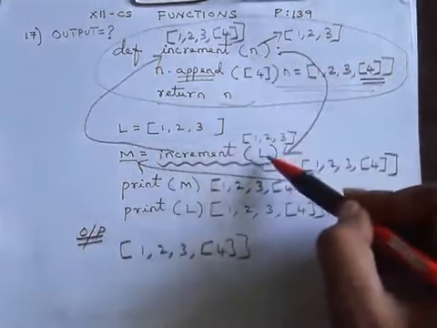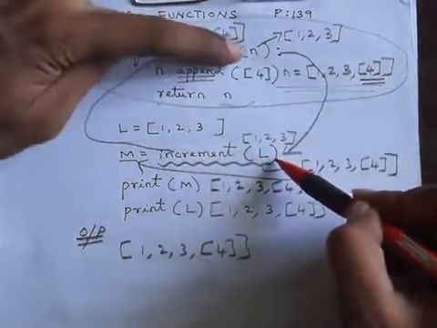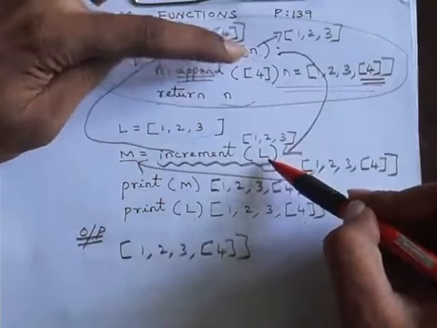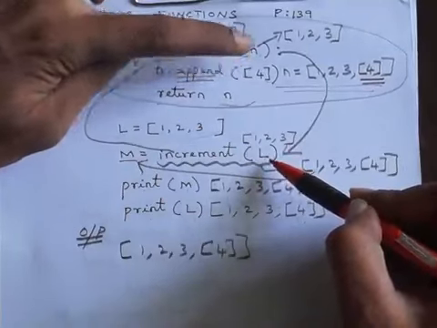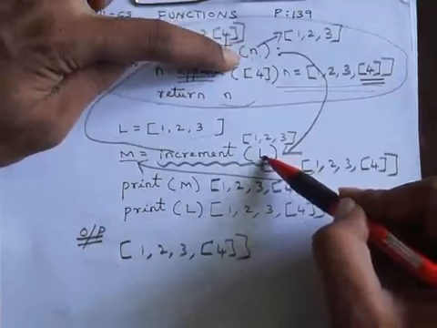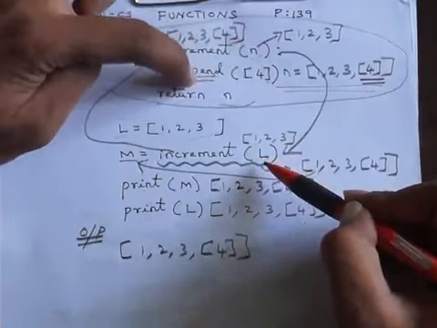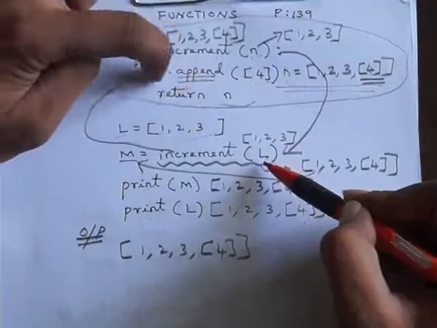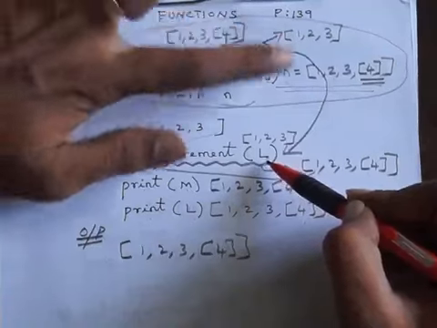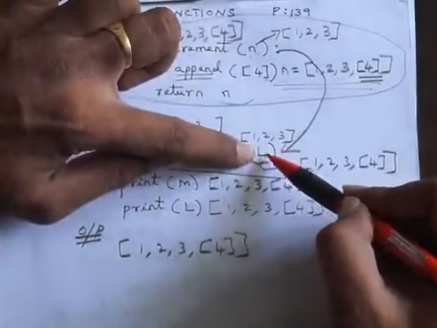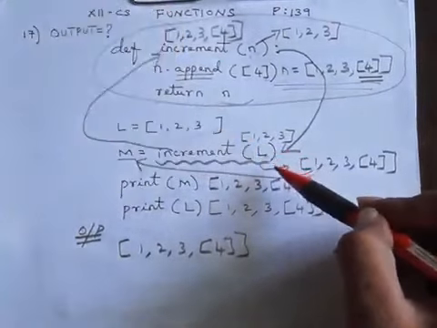So n receives the value from L. n is an argument, and receives the value from L. If the n value is appended, it will reflect back to L. The L value also will be appended. Understand?